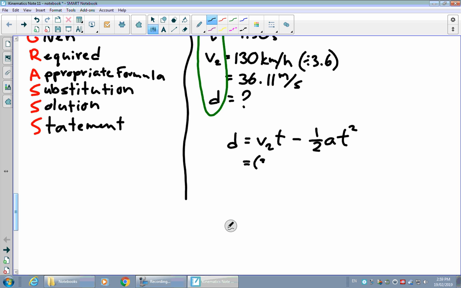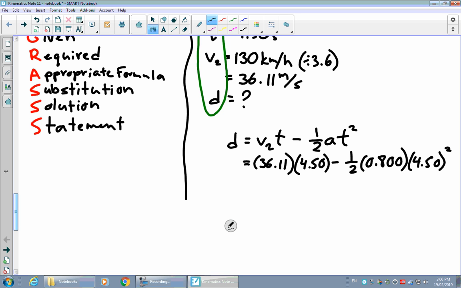So just using brackets, I'll say this is 36.11, then time is 4.50, subtract 1/2 times 0.800, and then 4.50 for time again, but that one needs to be squared. So don't forget about that squared at the very end of that formula. It's a very easy thing to forget.